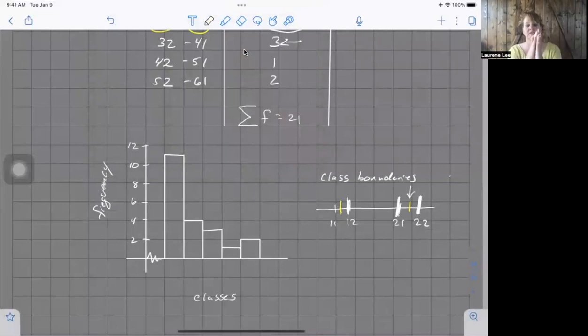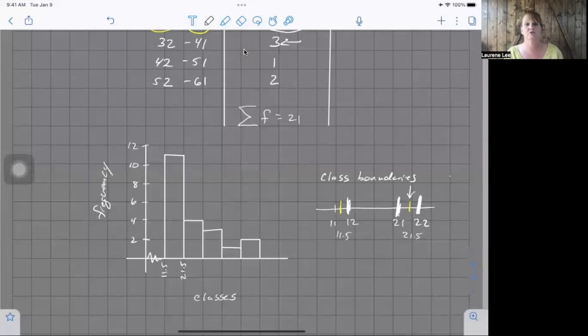So that's why we do that, so that they actually touch each other. That's their shared point, if you will, like we're backing off from both ends of those classes. So the class boundaries are going to be 11.5 and 21.5. That's how I'm going to label my first bar, 11.5 and 21.5 right there.